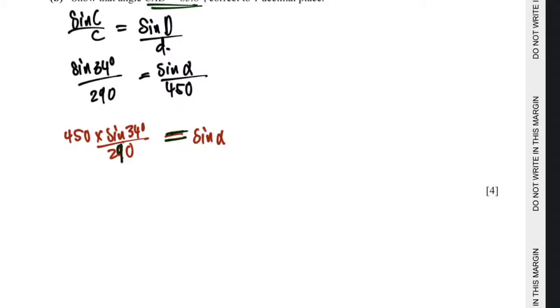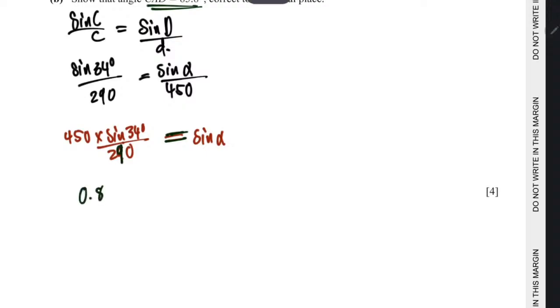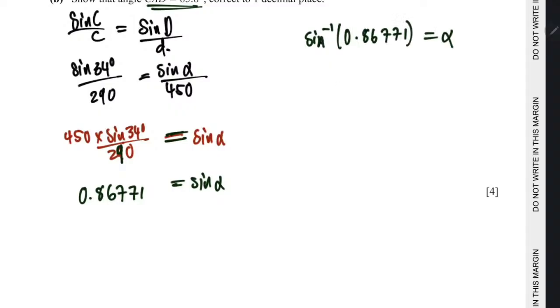So here now, we need to find alpha, so we'll take sine to the other side. It becomes, you write it here, sine inverse of 0.86771. This is equal to alpha. What is this going to be? What is the solution?